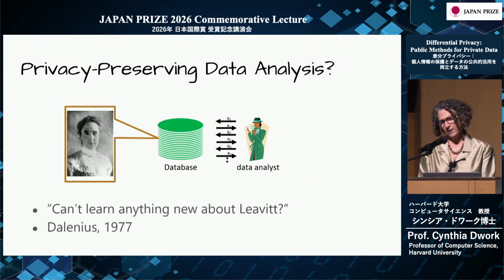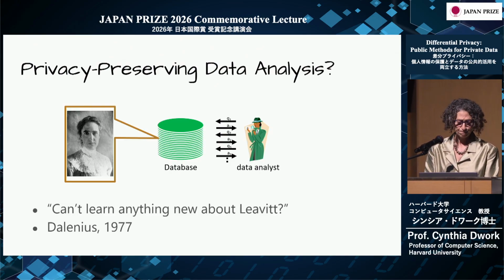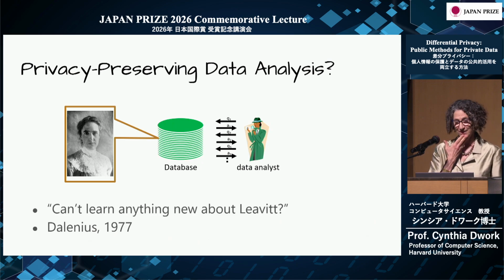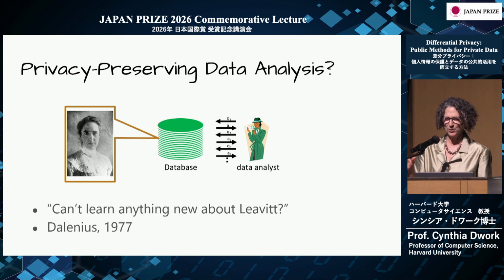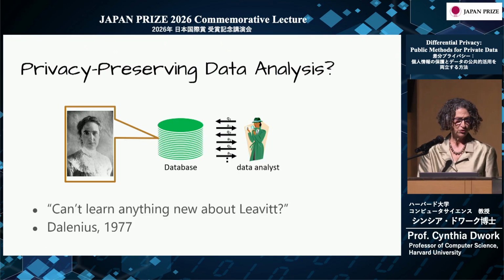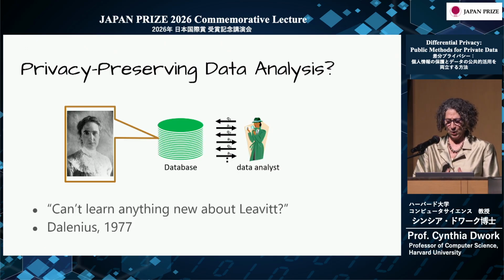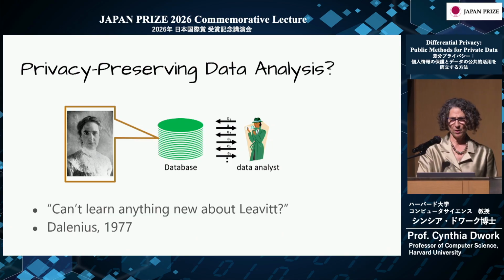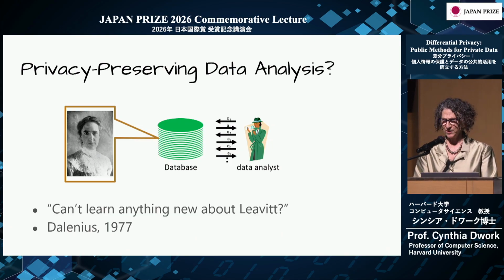So the first thing that came to mind was actually, it's the first thing I tried, but it was a definition, it turned out, that was quite a bit older, posed in 1977 by the statistician Tore Dalenius, which says essentially that the data analyst shouldn't be able to learn anything new about Leavitt that the analyst didn't know before interacting with the data set.